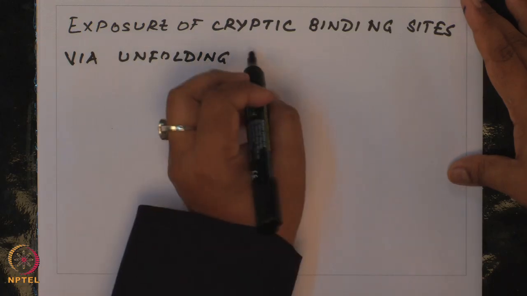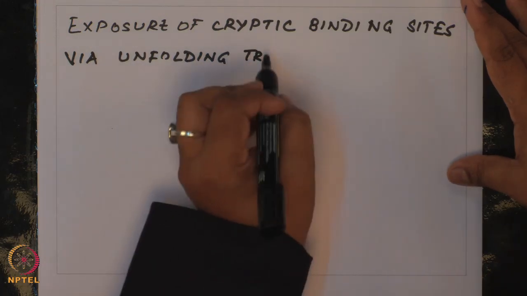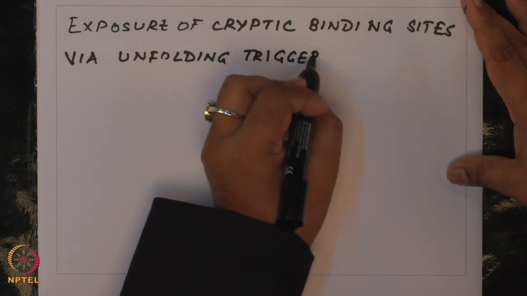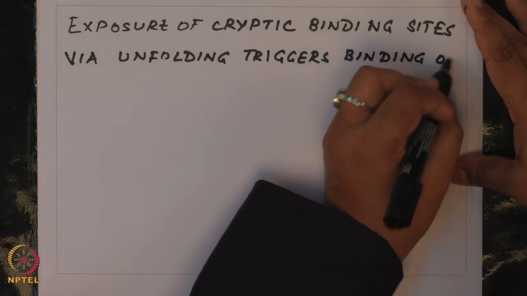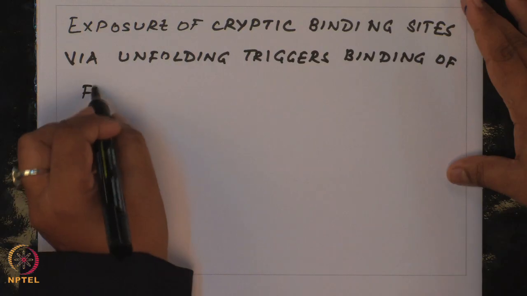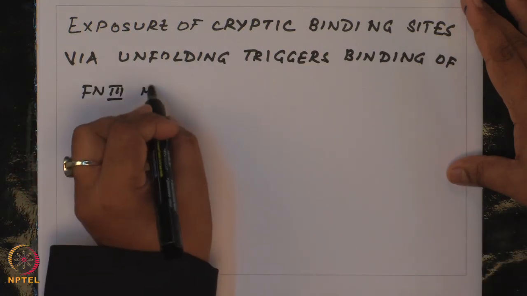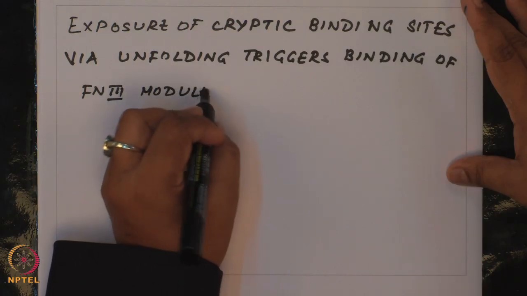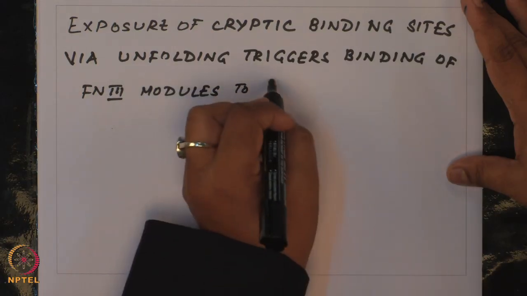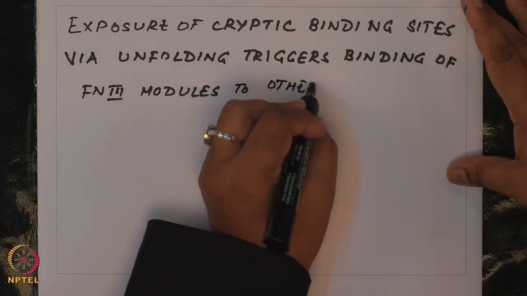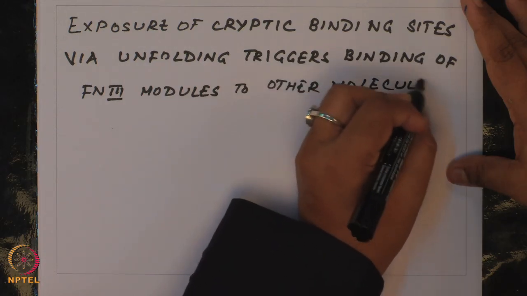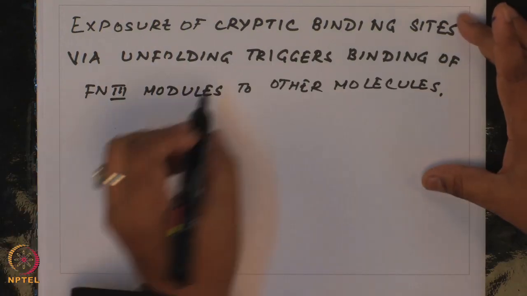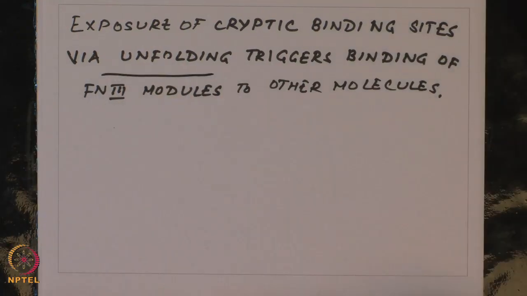triggers binding of FN3 modules to other molecules. So, it is unfolding, and how is this unfolding achieved?